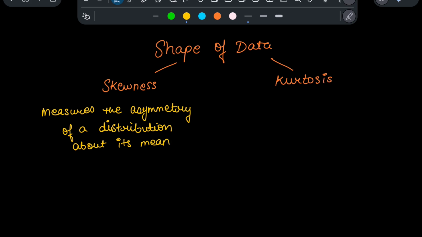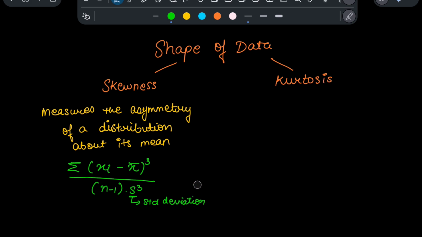And if we are talking about the formula of the skewness, it's summation of xi, that is the data point, minus x bar, that is the mean, its whole cube, divided by n minus 1 into s cube, where s is the standard deviation.